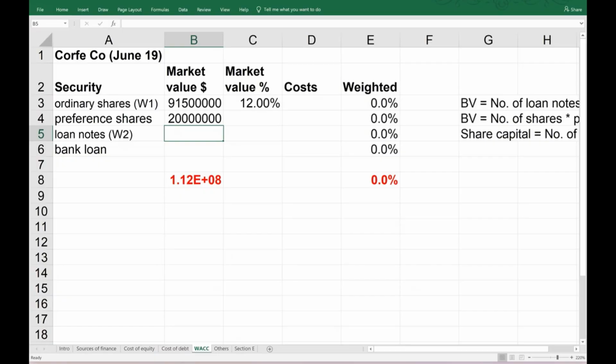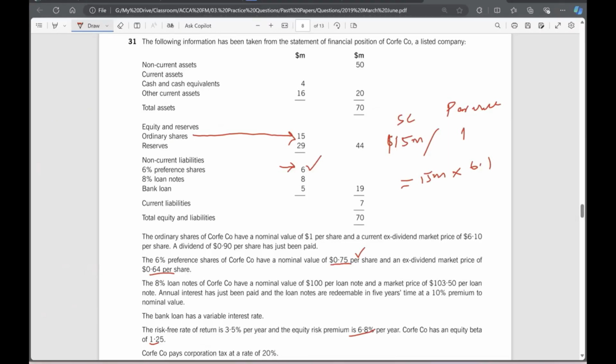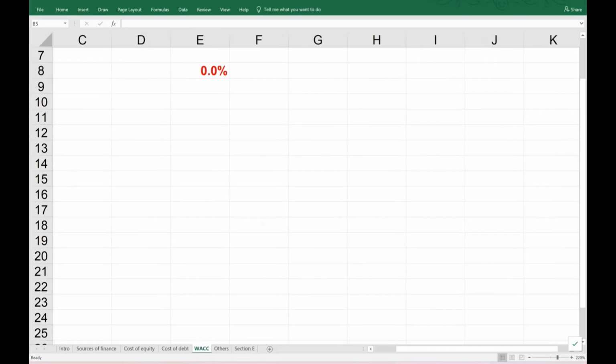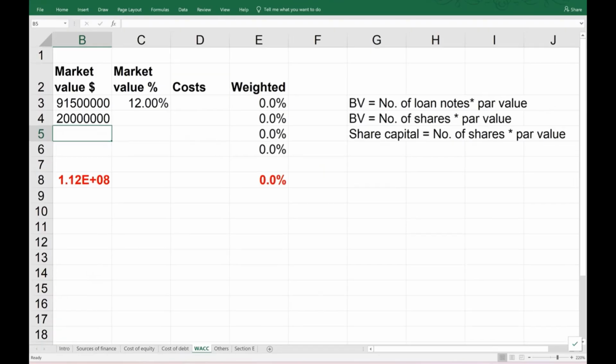No, 6 million is not the number of preference shares. 6 million is the book value of preference shares. It's dollars. How could you say it's the number of preference shares? This is the dollar book value of preference shares. Par value is given, so you have to find the number of shares.